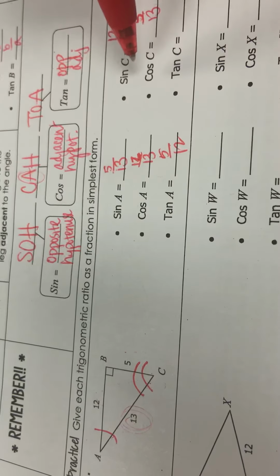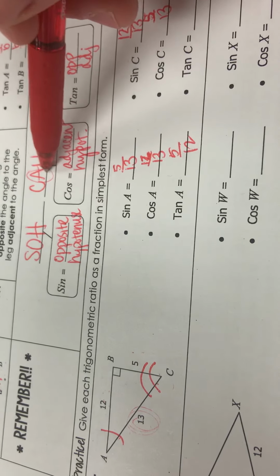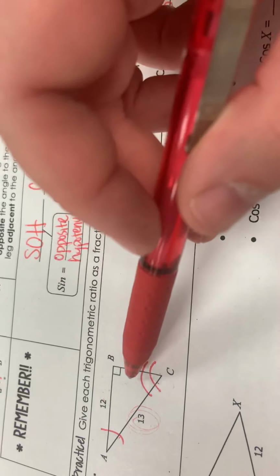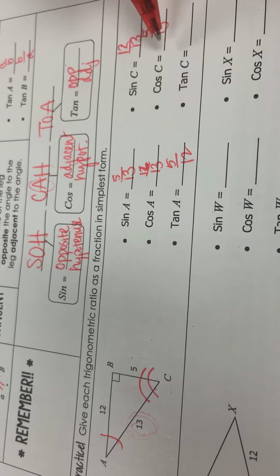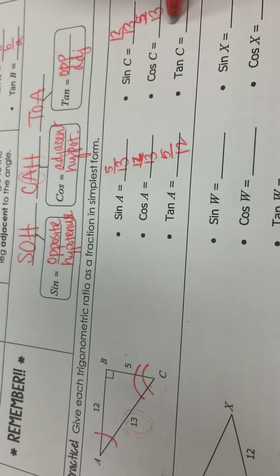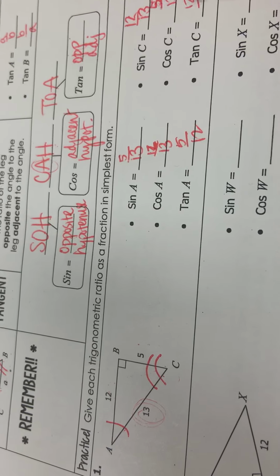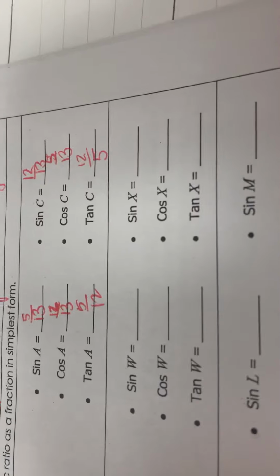Hypotenuse is 13. And then lastly, tangent is opposite over adjacent. So opposite is 12 over adjacent, which is 5. Okay, so those are your trig ratios.